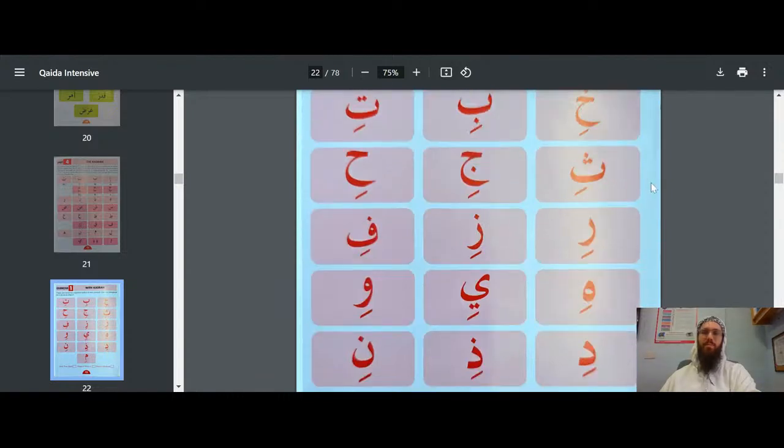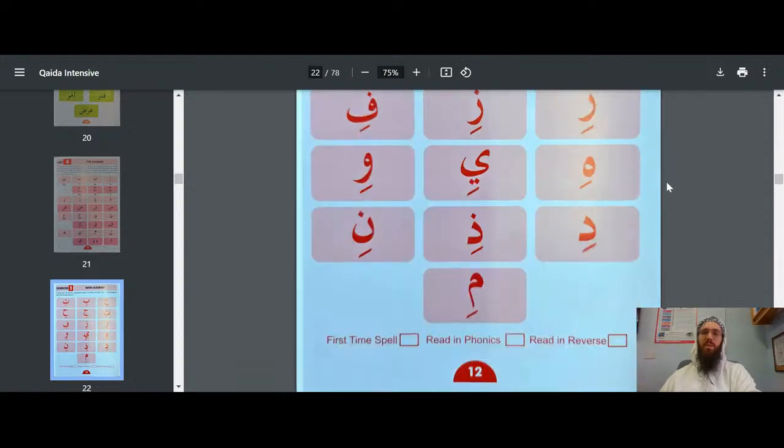So I'll give you a chance to pause if you'd like and be able to see and practice these. Ri, zi, fi, hi, wi, yi. Or I got those backwards. Hi, yi, wi.